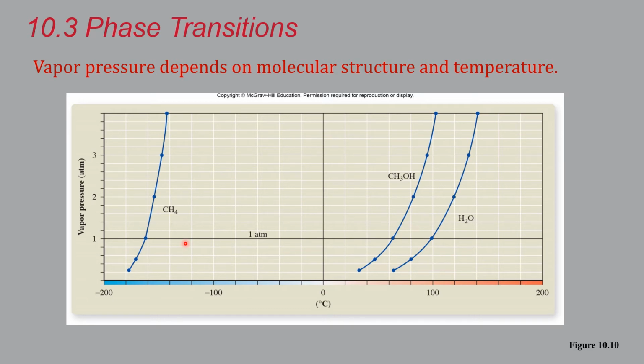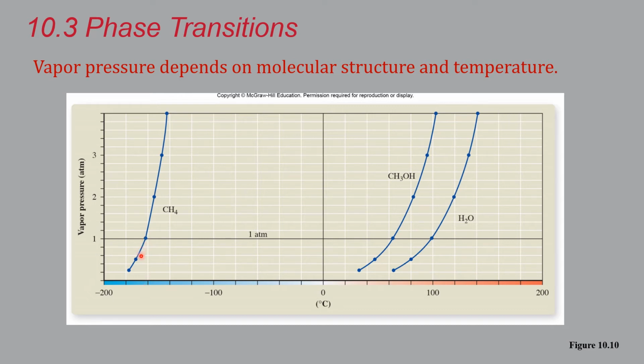All right, so the way that you want to think about this is the thermal energy needed to get 1 atmosphere's worth of methane molecules is a paltry, let's see, 120, 140, 160, about 165 degrees below 0 Celsius.